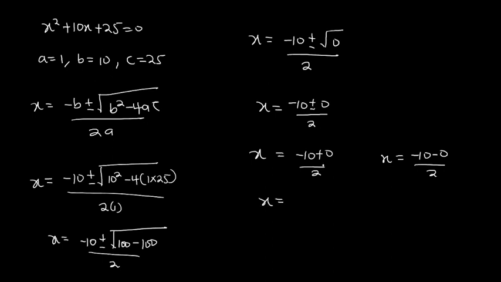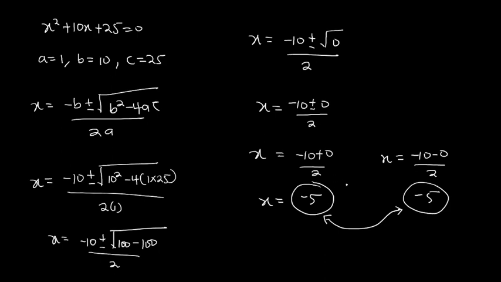Minus 10 plus 0 is still minus 10, on 2 gives me minus 5. Minus 10 minus 0 is still minus 10, on 2 gives me negative 5. So we realize that we are having two repeated answers. So we have negative 5, and that is what we mean by one repeated root, because it's the same number repeating twice.